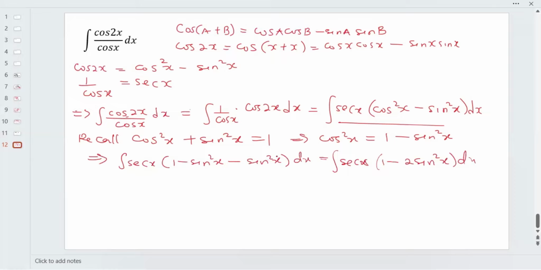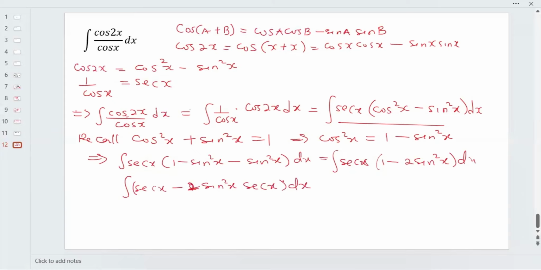Minus sin squared x minus sin squared x gives us a minus 2 sin squared x. So I can apply the expansion, and this becomes the integral of sec x minus 2 sin squared x sec x dx.